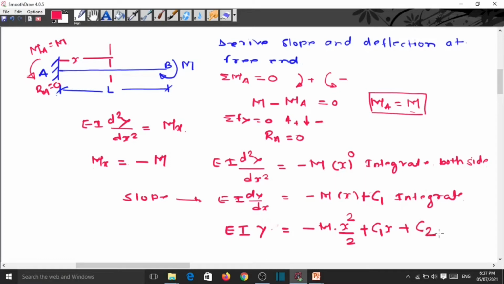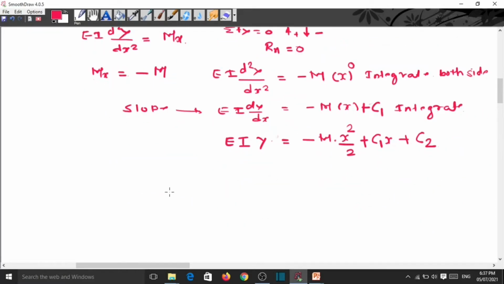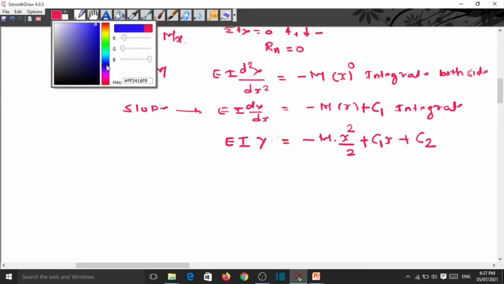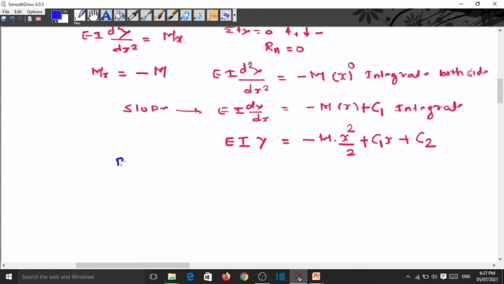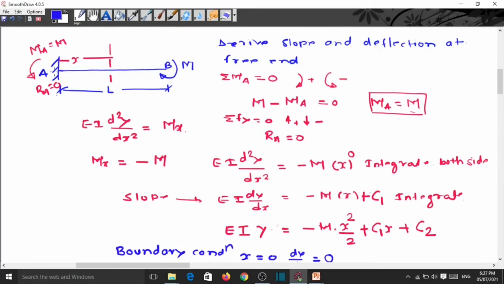So here our aim is to find the constants of integration C1 and C2. For that we have to use the boundary conditions. Now if you put x equal to 0, dy by dx, that is the slope, is 0. Here x equal to 0 means at this location, at the fixed end.